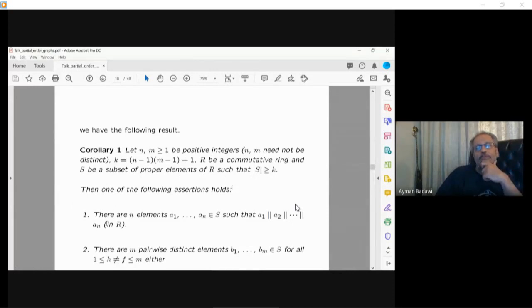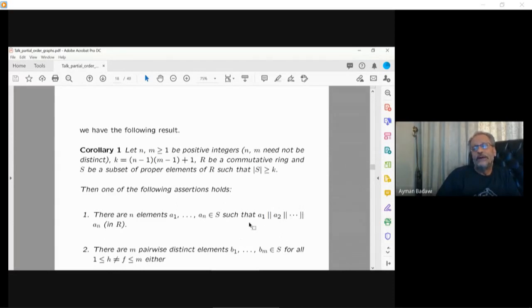It could be bigger. Then what can you conclude? You can conclude that there are at least 4 elements in the set forming a chain, 4 elements a1 up to a4, where a1 is a factor of a2, which is a factor of a3, which is a factor of a4.